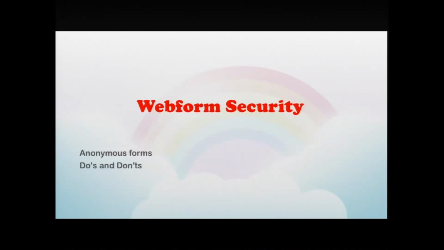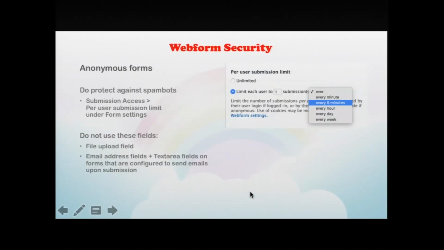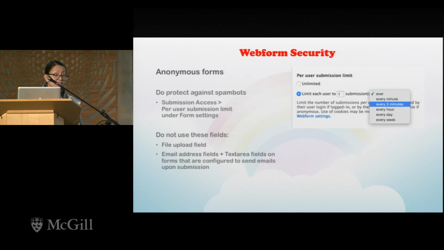And now last, but certainly not the least, let's talk about web form security. Now, I mentioned anonymous forms earlier, and if you must absolutely use an anonymous web form on your site, please remember that you can still protect your form from spam by setting the per-user submission limit in the form settings.